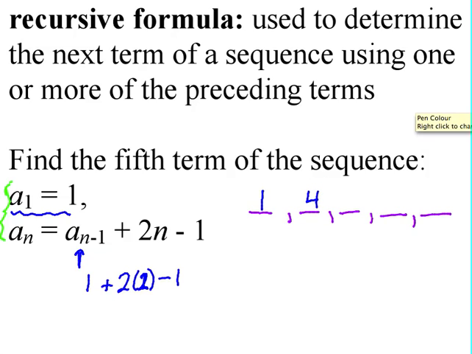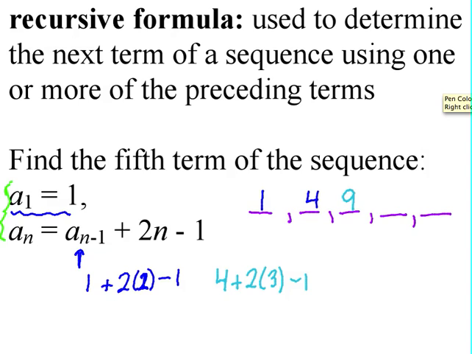Now to find the third term, I'm going to take the second term plus 2 times 3 minus 1. So the second term is 4 plus 2 times 3 minus 1. So what's that going to be? 9. Then to find the fourth term, I'm going to take the third term.